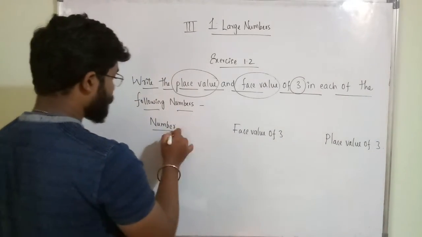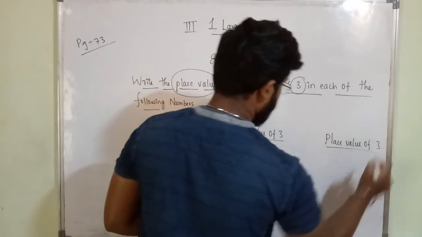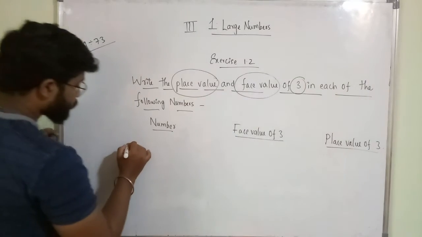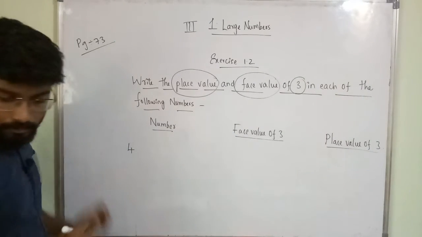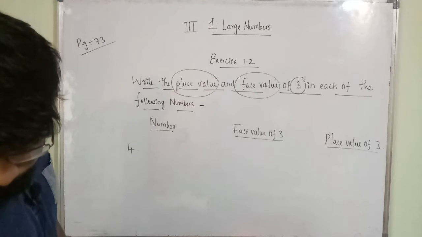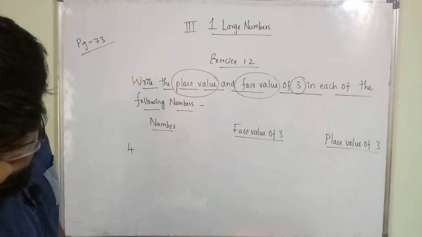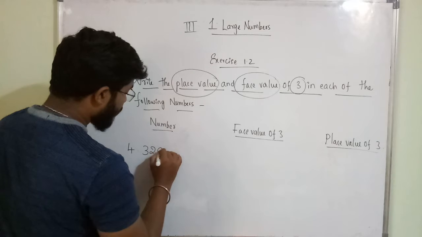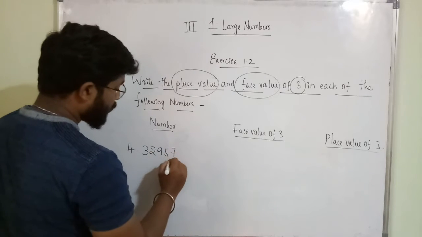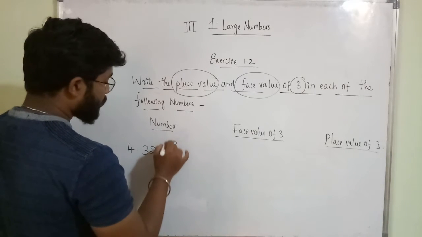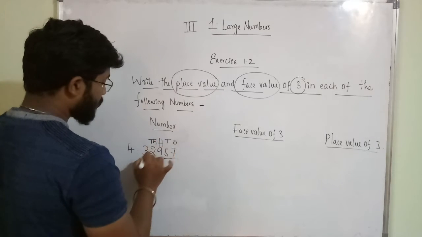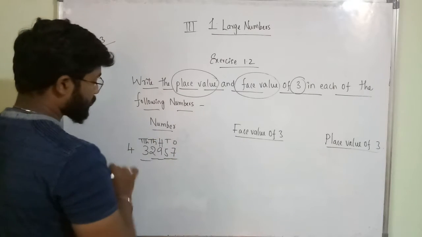Okay, so next one, 32,957. 7 is in ones place, 5 is in tens place, 9 is in hundreds place, 2 is in thousands place, 3 is in 10,000s place.